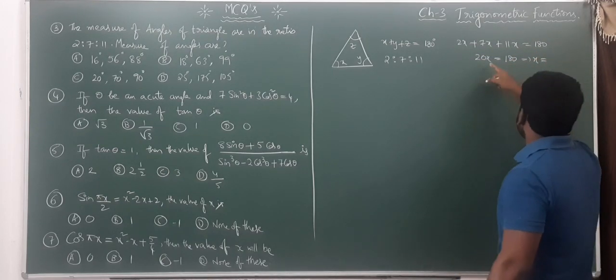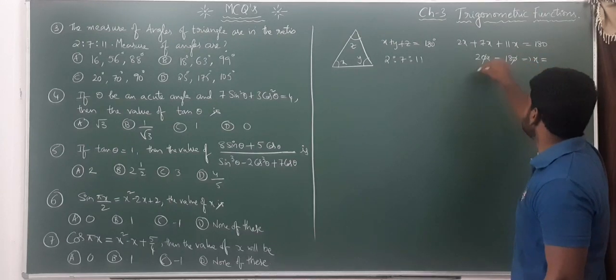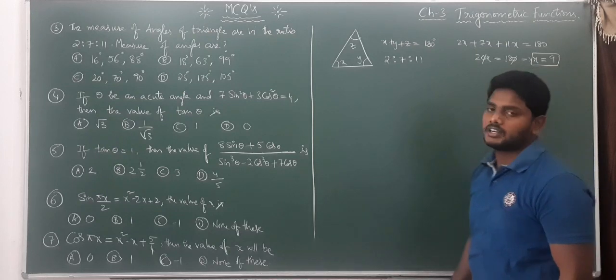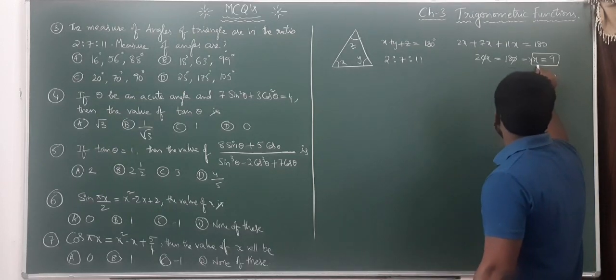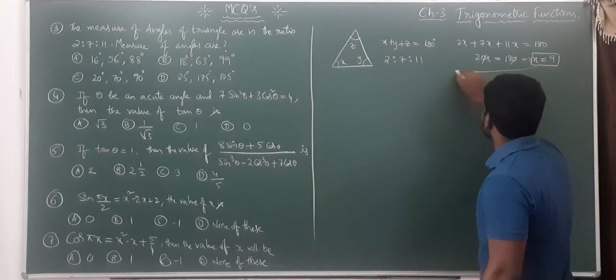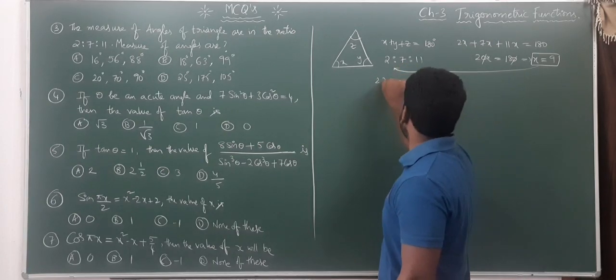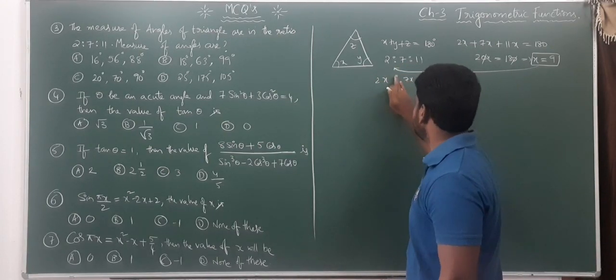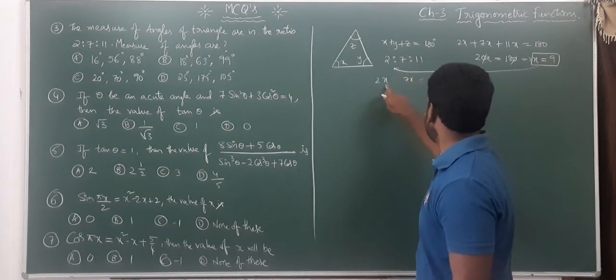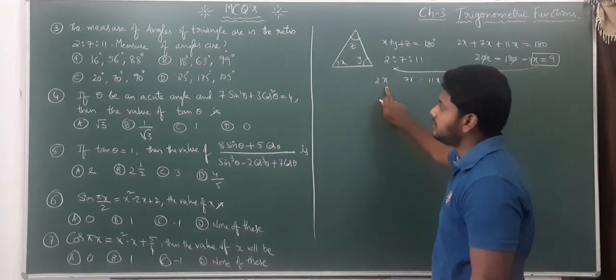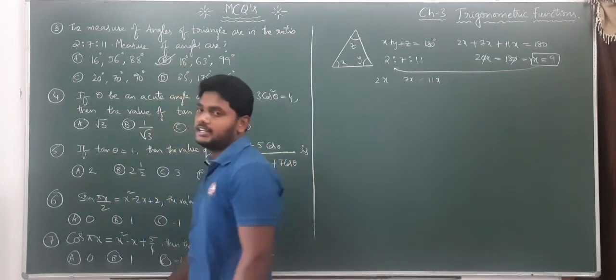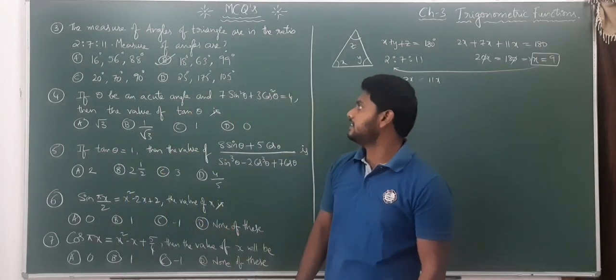So x is equal to 180 by 20. Zero zero cancel, 18 by 2 is nothing but 9. So the x value we got is 9. If you substitute that x value in terms of 2x, 7x and 11x, then the values will become 2 into 9 is nothing but 18. Where is 18? See, here we got it. So the option is 18 degrees, 63 degrees and 99 degrees.